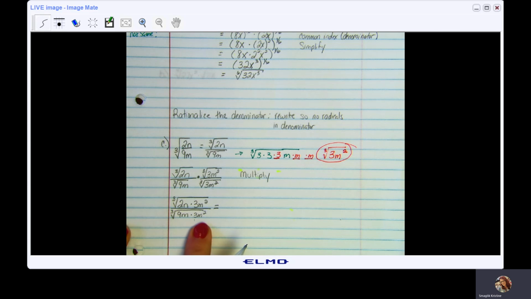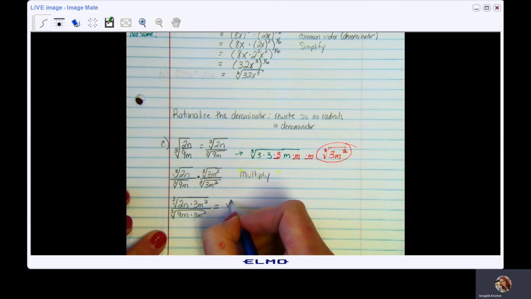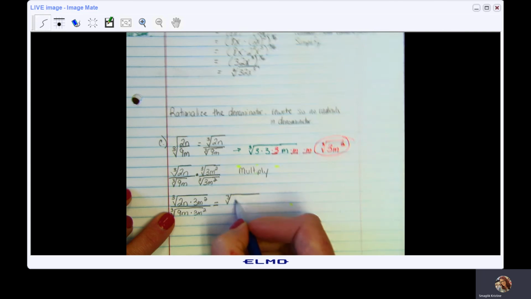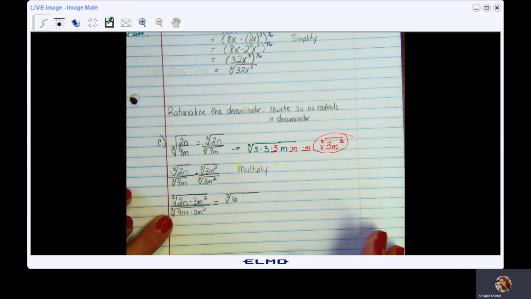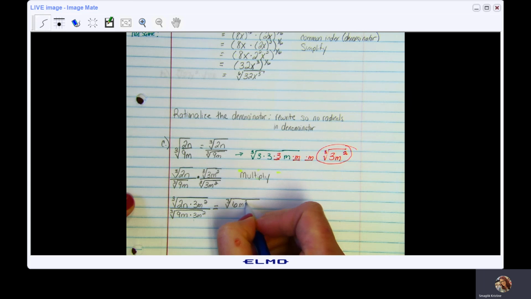And now let's simplify. Cube root, 2 times 3 is 6. I have an n and an m. My bases aren't the same. I'm going to write this as m squared n.